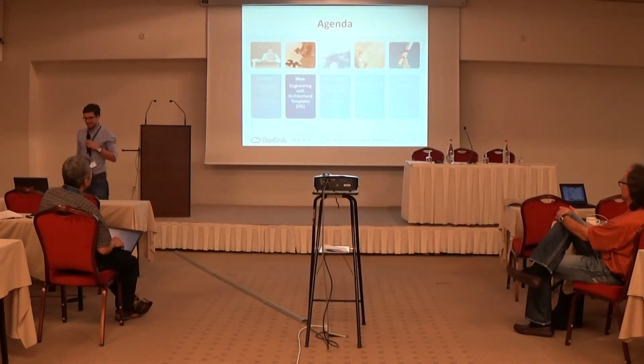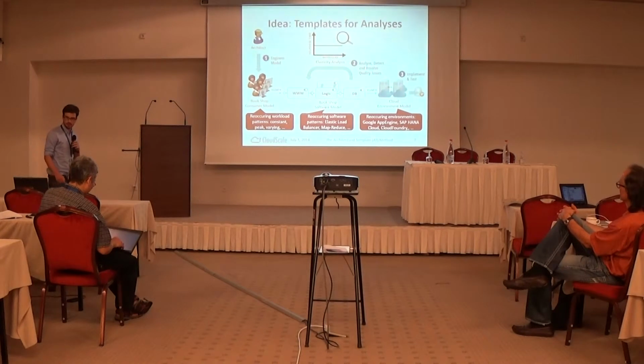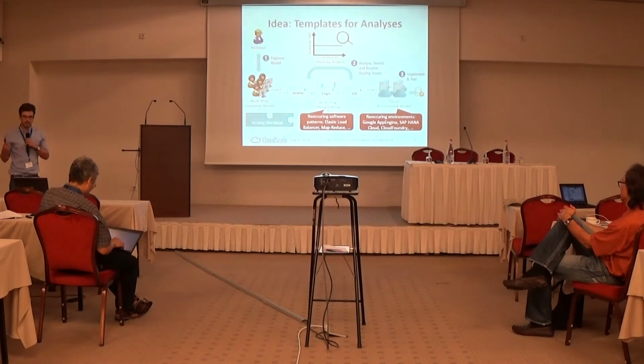Okay, so now that you all get the problem I'm tackling, let's see what is my idea. So the idea is that we observe there are so many recurring things, so I try to provide patterns that reflect that. So I could have a reusable pattern for varying workload. Maybe it's fully specified such that the architect doesn't even have to specify anything more. I just want to use that pattern.